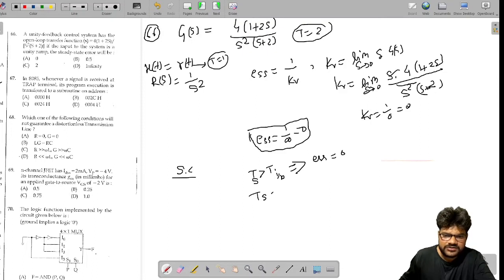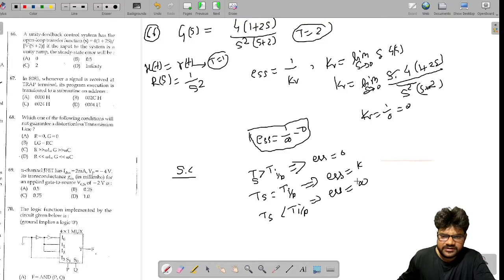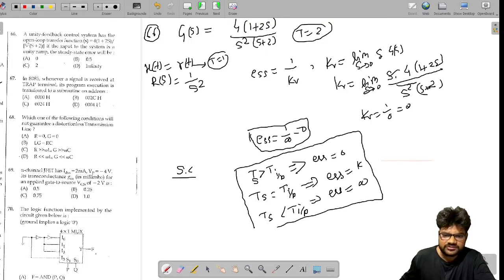If the type of system equals the type of input, then the steady state error will come out to be some constant. If the type of system is less than the type of input, then you can directly conclude the steady state error is infinity. So this is the shortcut, you could easily answer this question with this.